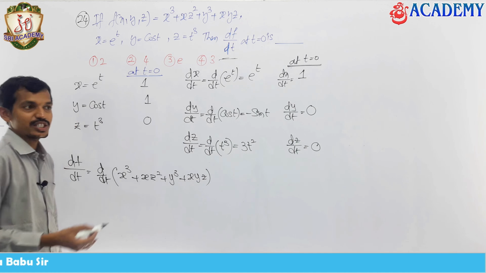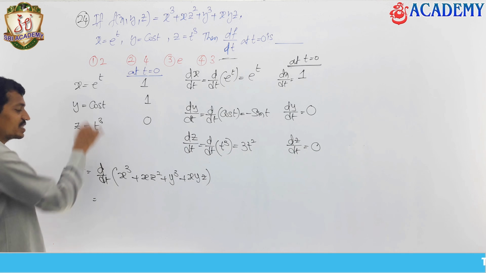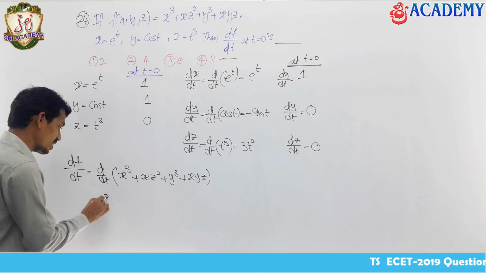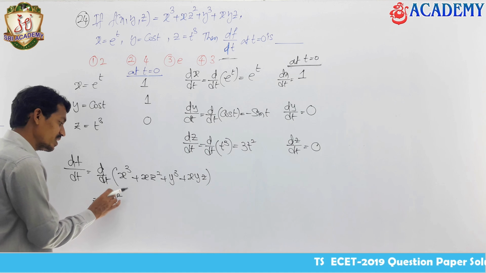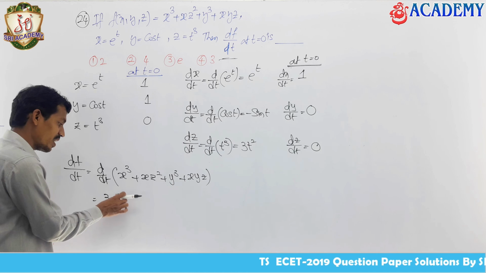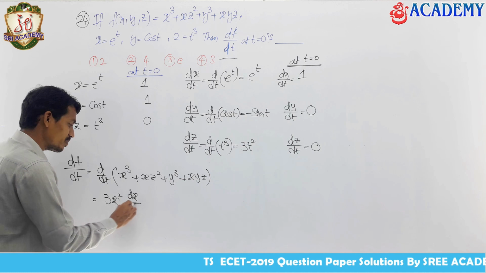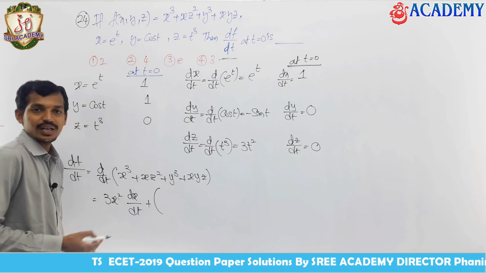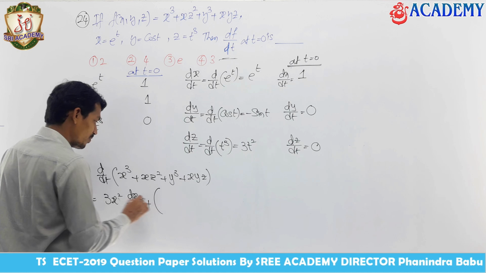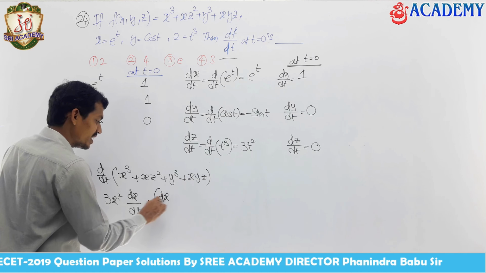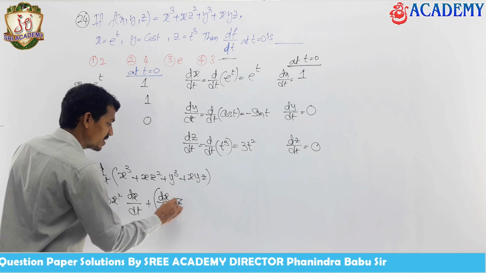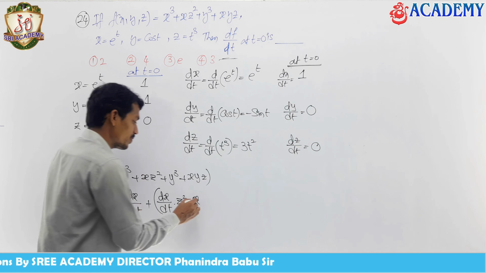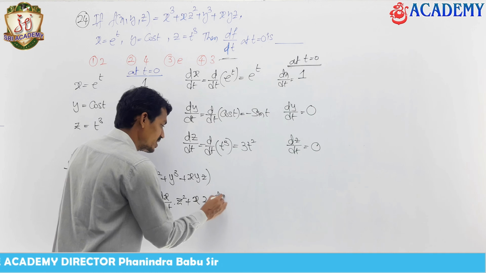With respect to t, with every function in terms of t only, d by dt of x cube is 3x square into dx by dt, plus x z square. Using the UV method, x differentiated with respect to t gives dx by dt while z square stays, plus x stays while z square is differentiated, giving 2z into dz by dt.